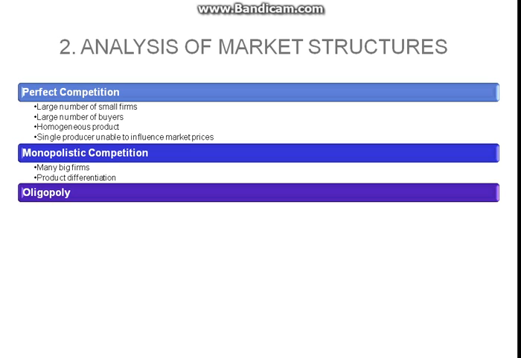Oligopoly. A small number of firms, fewer than in monopolistic competition. High barriers to entry means it's very hard for a new firm to get into the market. Non-price competition: there is competition on the quality of the product, brand name, etc. They can compete without any price competition.